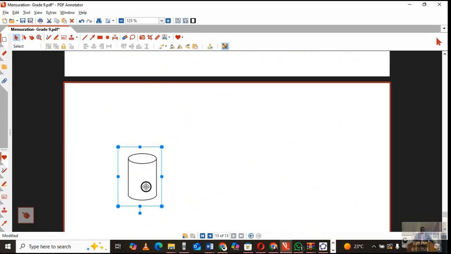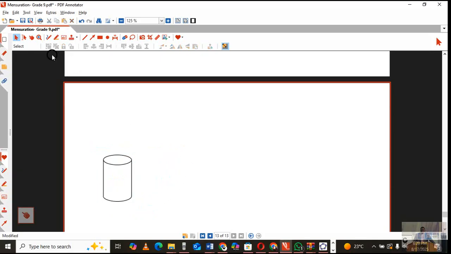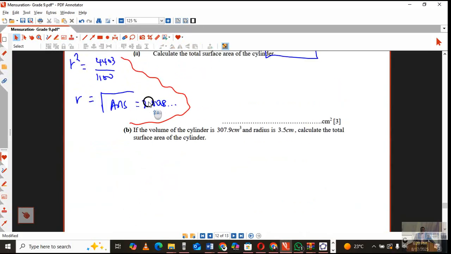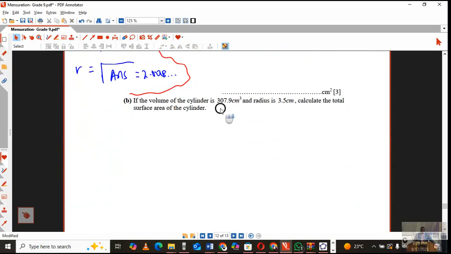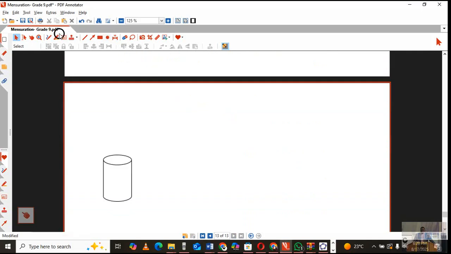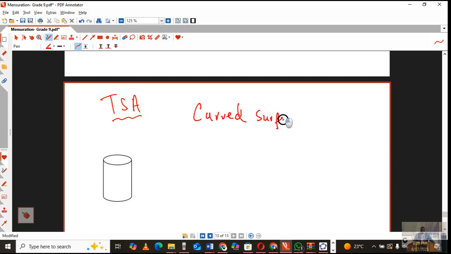So the concept that I'm going to explain is finding, this is part 2, calculating total surface area of a cylinder. The TSA, total surface area of a cylinder. Now you have got a curved surface area, we're going to call it CSA, which is this curved surface part here.